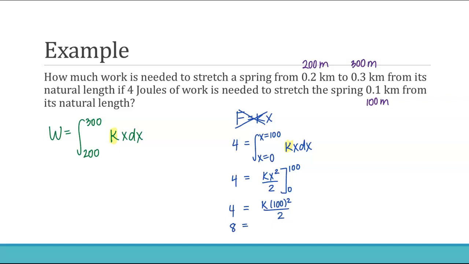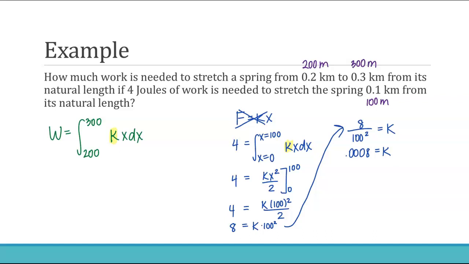So 8 is equal to k times 100 squared, and then I would divide by that 100 squared. So 8 over 100 squared is going to be a decimal, 0.0008. That is my spring constant, my value of k.